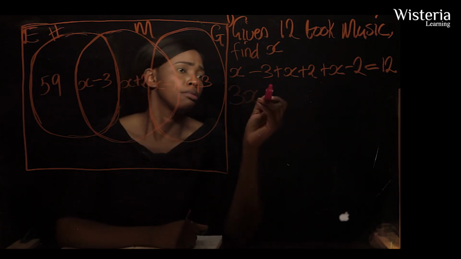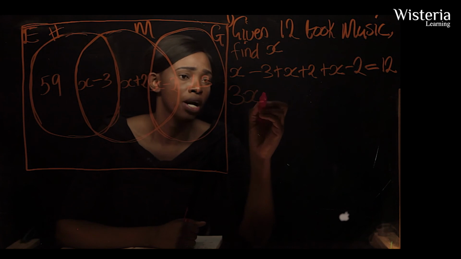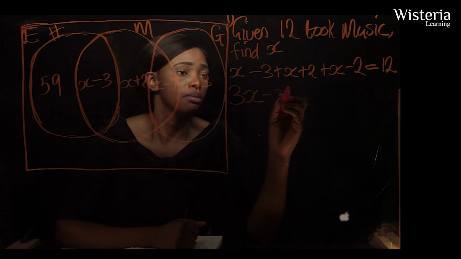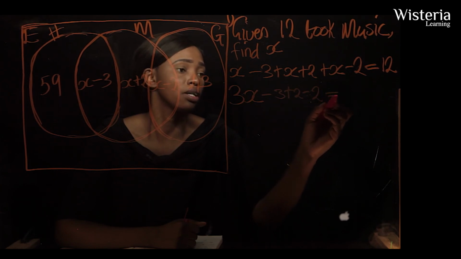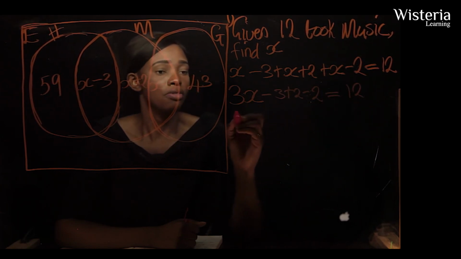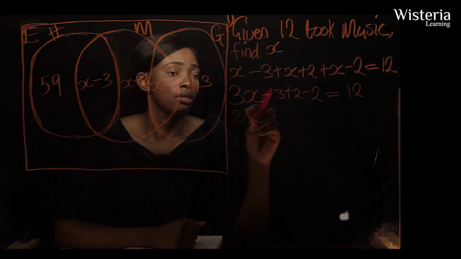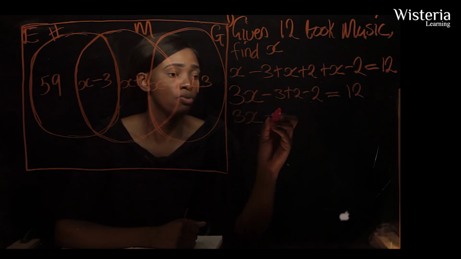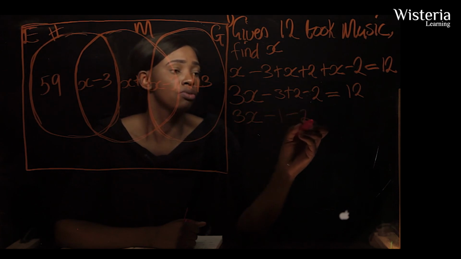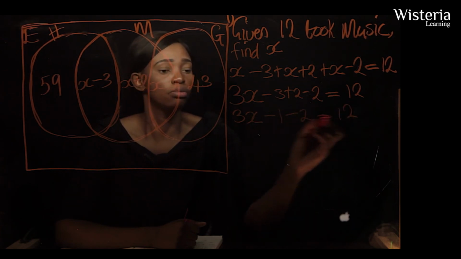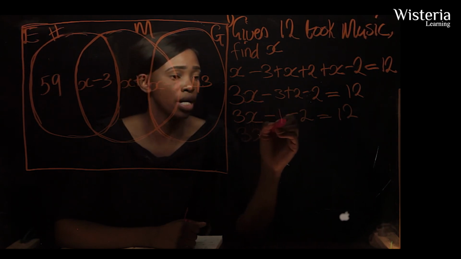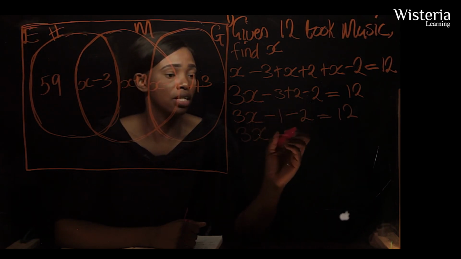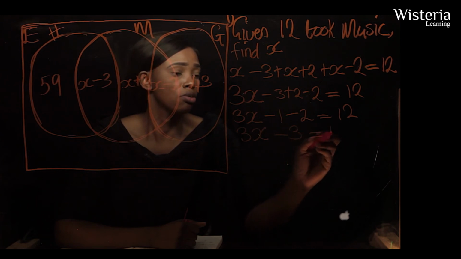Then we group the like terms also: we have minus 3 plus 2 minus 2, which is negative 3, equal to 12. So 3X minus 3 is equal to 12.